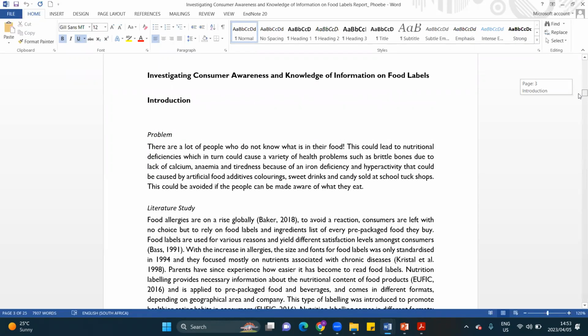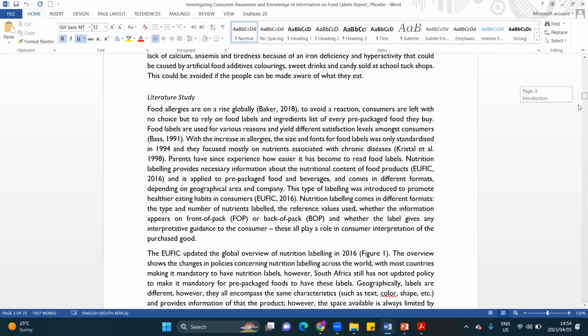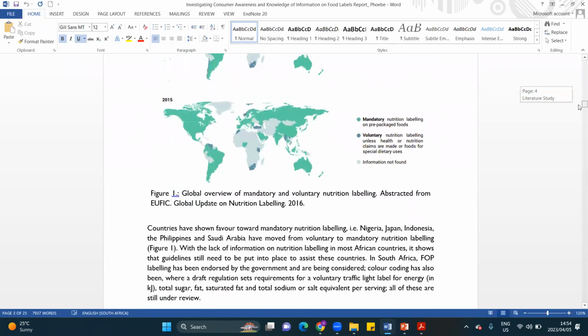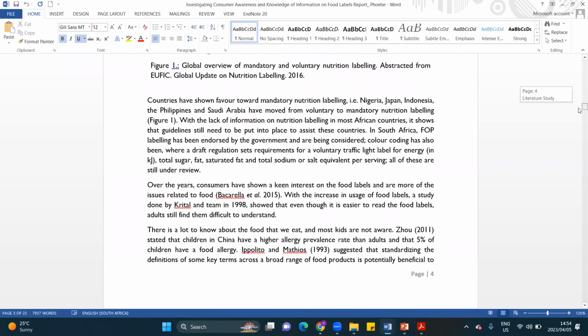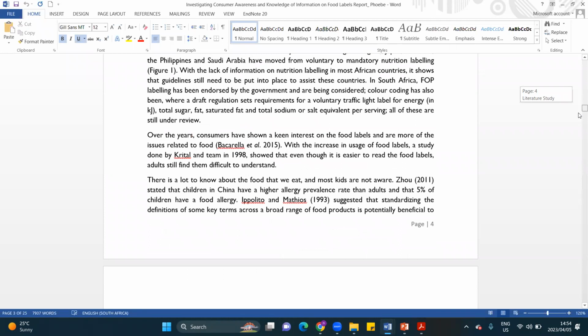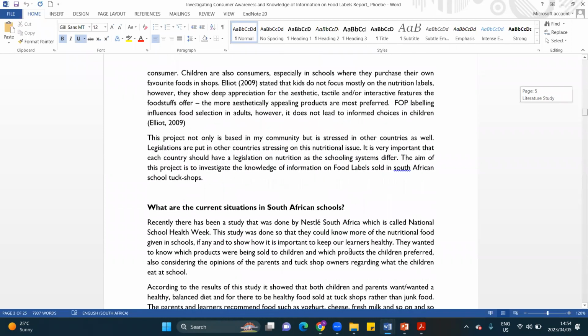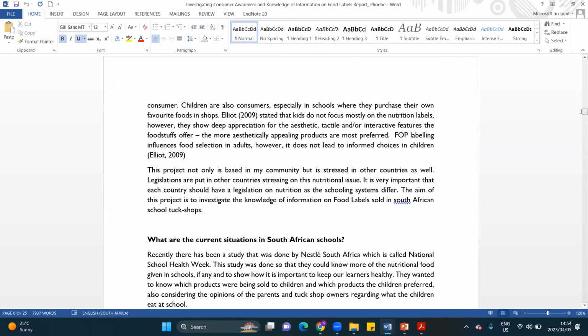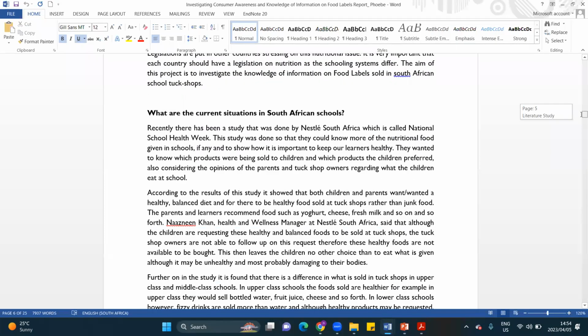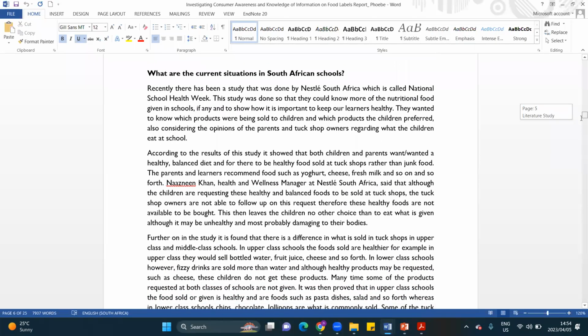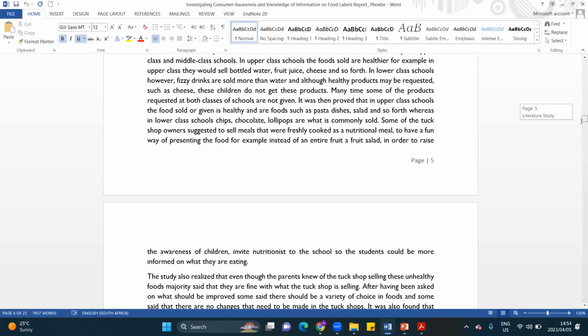So the topic here is investigating consumer awareness and knowledge of information on food labels. Any information about the sample group? There's a lot of information, the in-text referencing from other countries. Is there information about South Africa, the current situation in South African schools? And looks like this is related to food science.